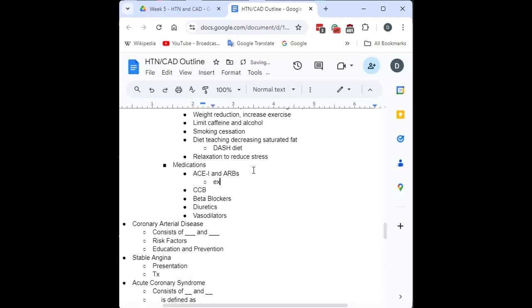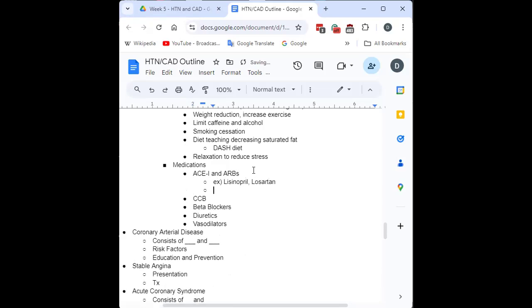So I'll give you guys some examples here. We have lisinopril, losartan. What are the key things to keep in mind with your ACE inhibitors and your ARBs? How do you know that it's safe to give? What are the things you're looking at?